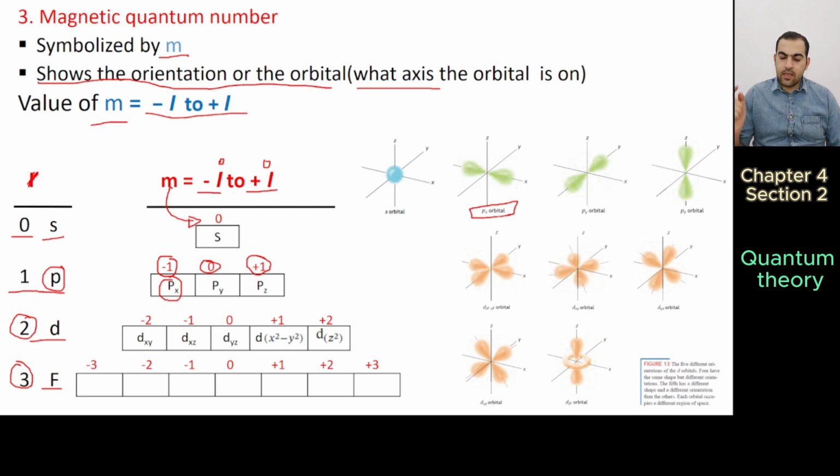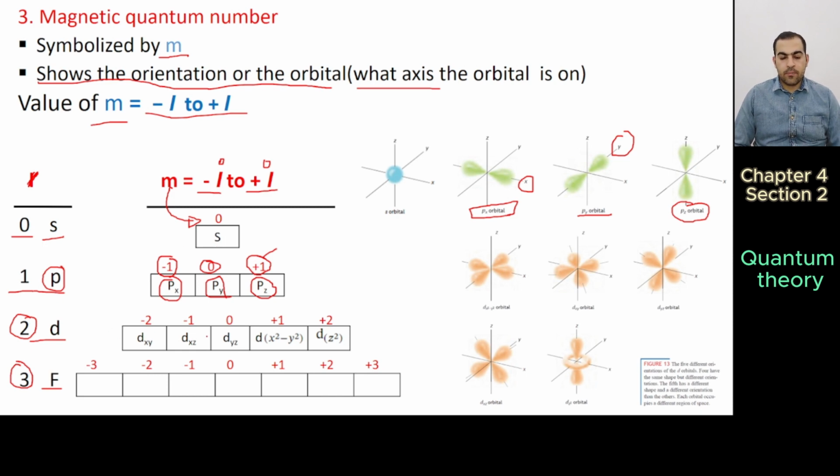Px means the electrons in this orbital spin on the x-axis. Py means the Py orbital spins on the y-axis. Pz orbital spins on the z-axis. We give Pz positive 1; its magnetic quantum number equals positive 1.